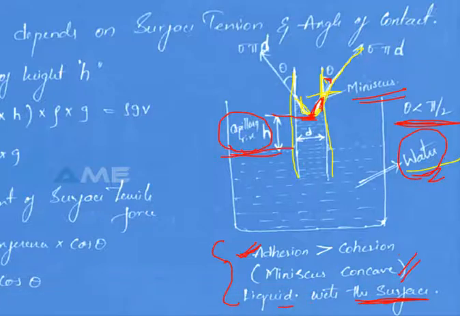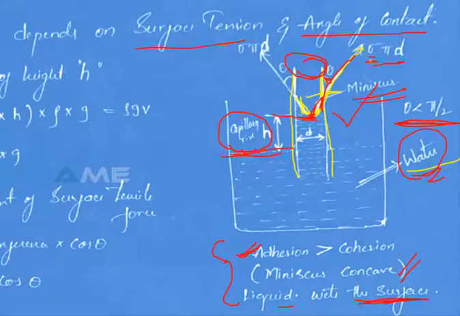And for the liquid surface which is raised, the surface tension is sigma, and we have the circumference of the tube, and that circumference is pi d. Mainly this capillary rise is due to cohesion and adhesion, and capillarity depends on surface tension and the angle of contact. Here you can see the angle of contact, and here you can see the surface tension.